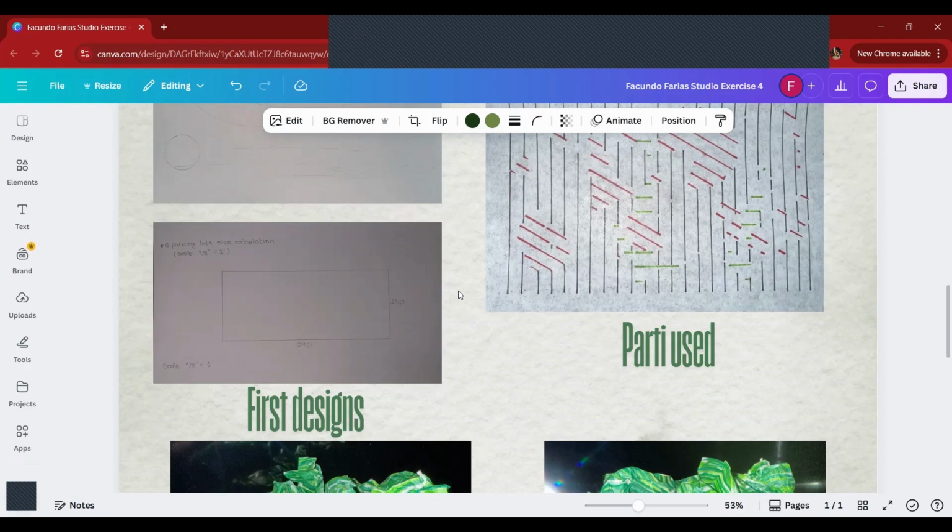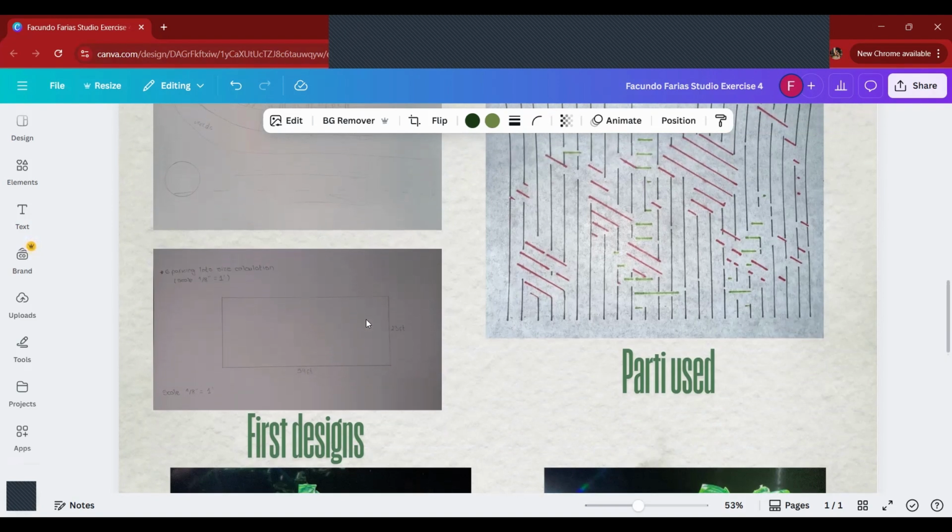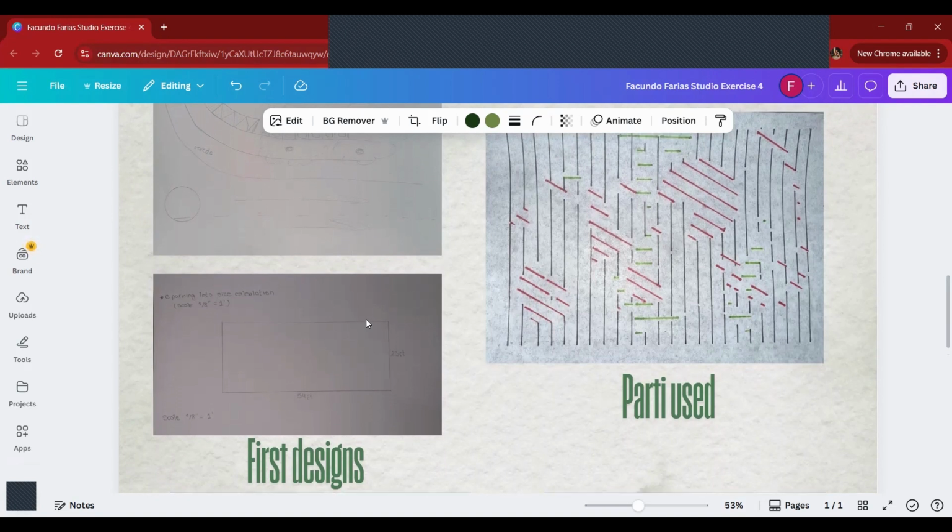So this one is the sizes. I didn't see the poses that you put in Canvas, so I more or less calculated the sizes of the six cars. This one is in scale, 1/8 equals 1 foot.